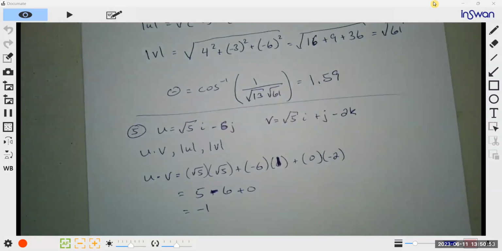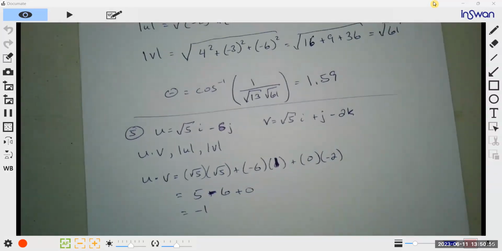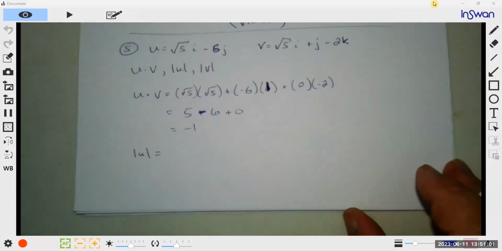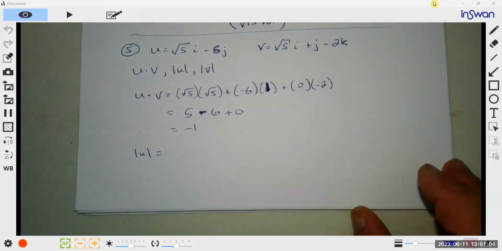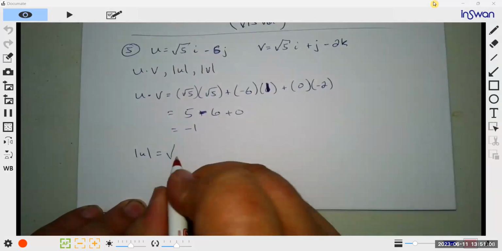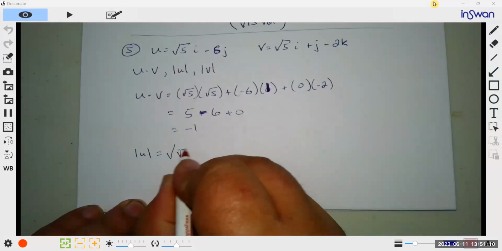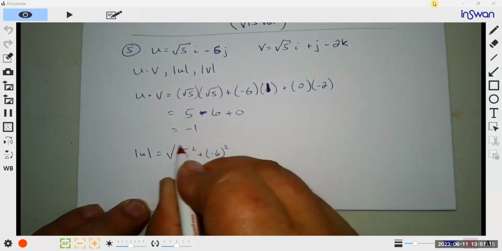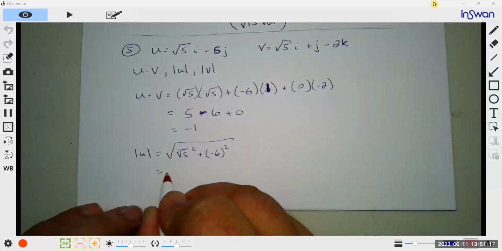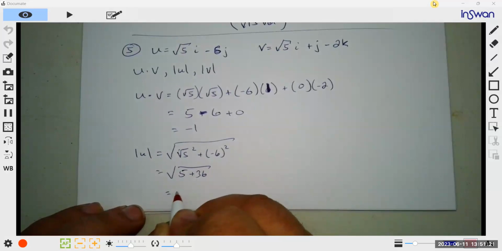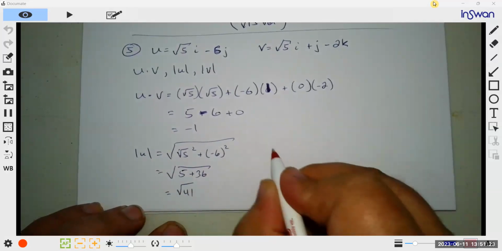Now the magnitude. So it's radical 5 squared, negative 6 squared. 5 plus 36, square root of 41.